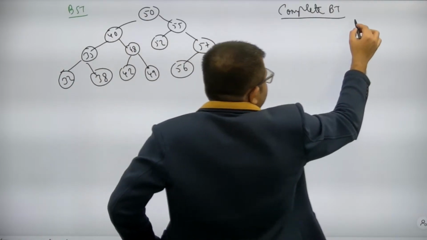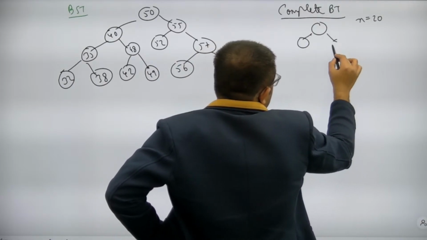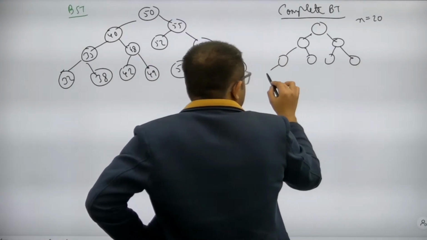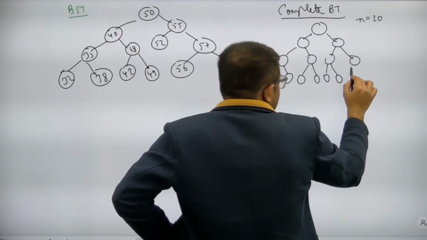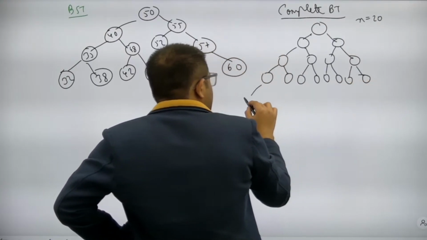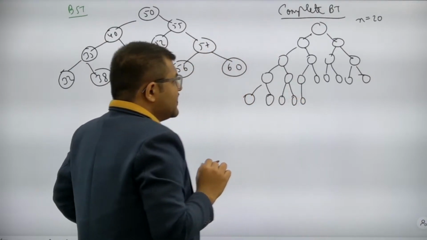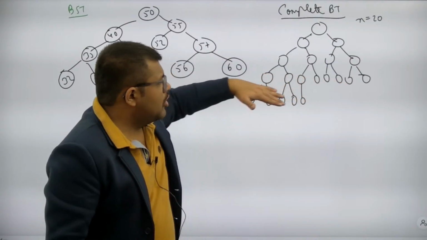So let's say if I have 20 nodes, so this is my first node, second node, third node, fourth node, fifth node, sixth node, seventh node, 8, 9, 10, 11, 12, 13, 14, 15, 16, 17, 18, 19 and 20. This is a complete binary tree. Why? Because until the second last level, all levels are full.